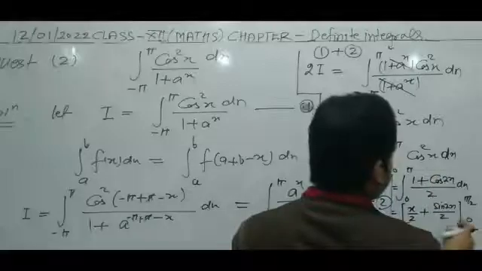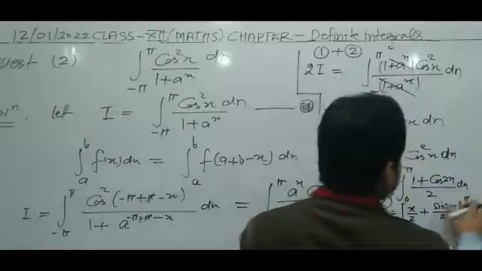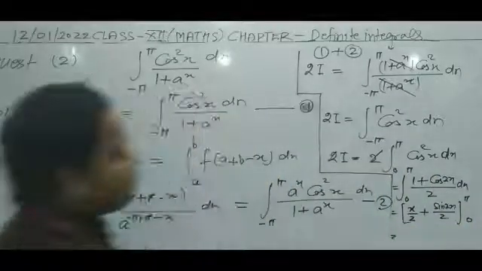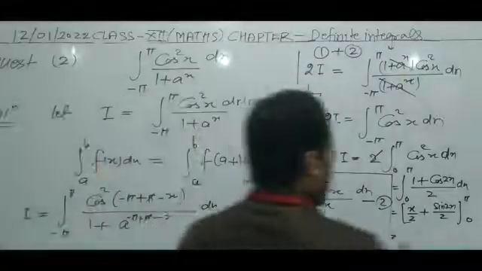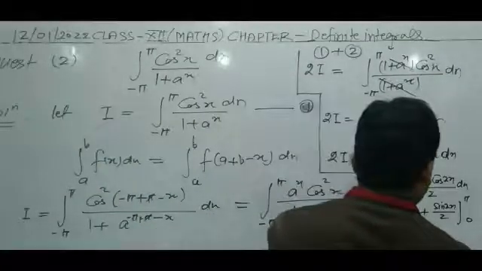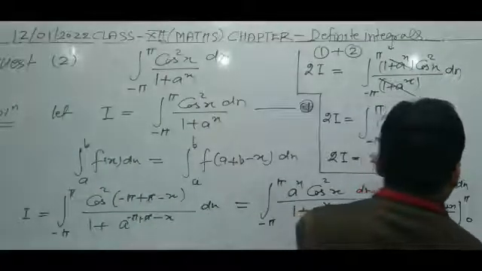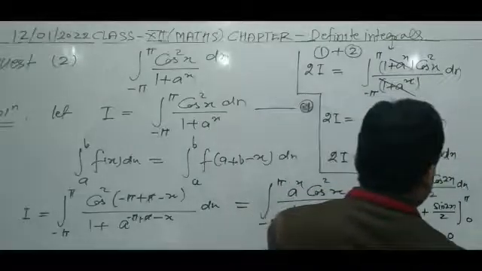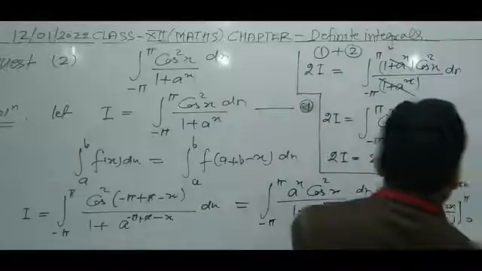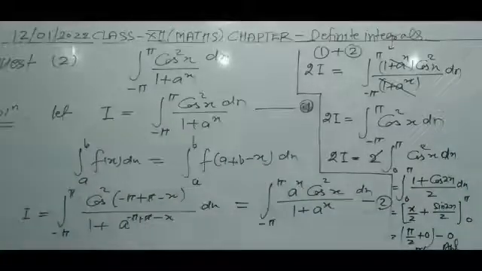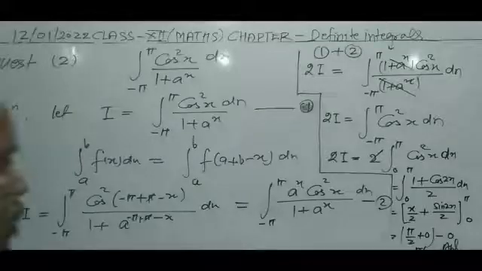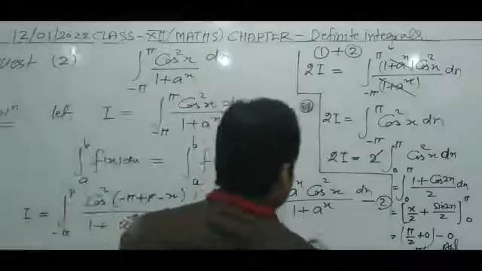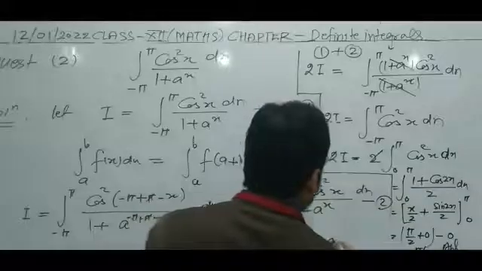After putting the limit of pi, what result will you get? This result will be pi by 2 plus 0 minus 0. So the result will be only pi by 2. This is the answer. Pi by 2 is the answer.